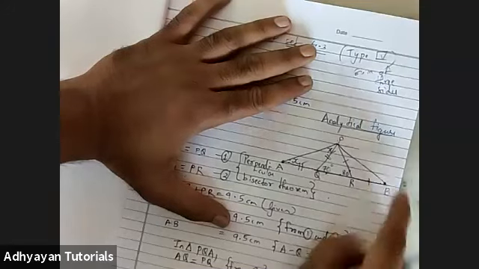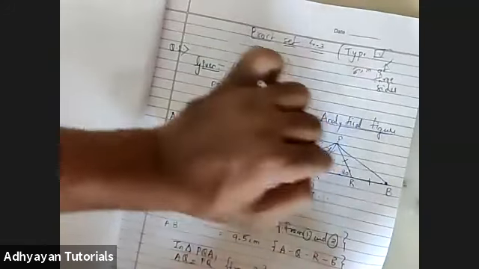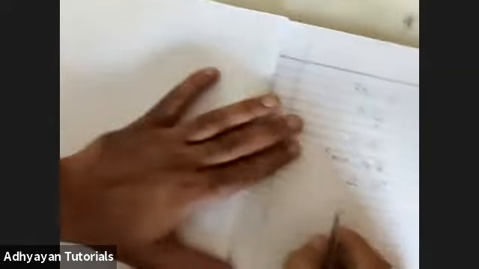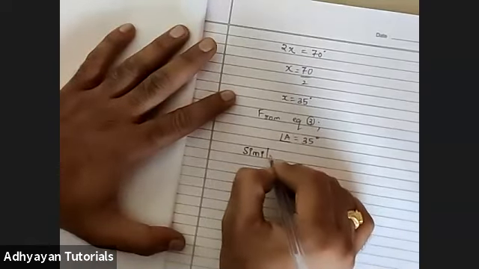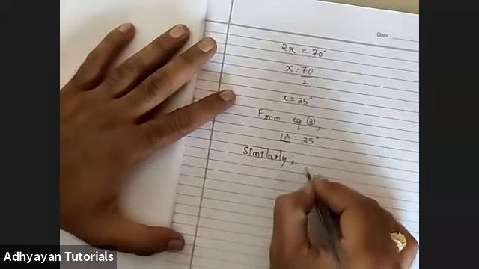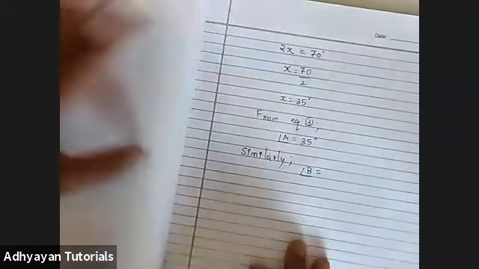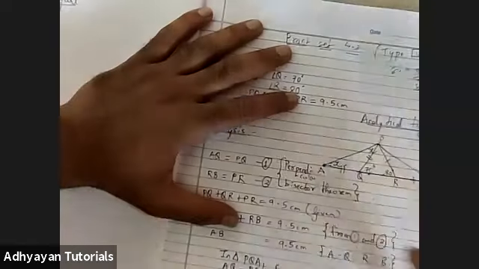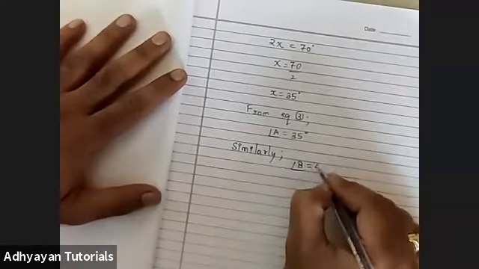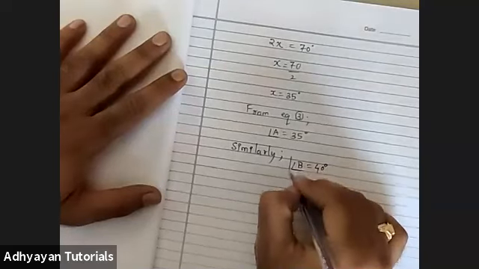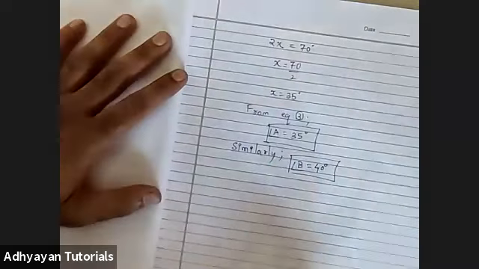Yes, 40. So you don't have to write this entire thing once again. You can use this magical word, children, which is similarly. Saying similarly, you can directly write angle B, and the value of angle B will be its half, that is 40 degrees.